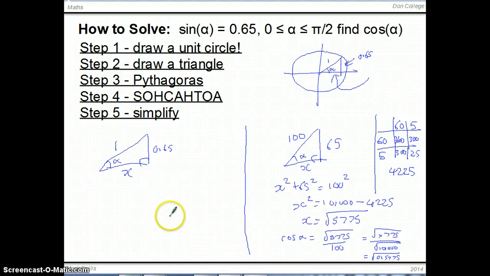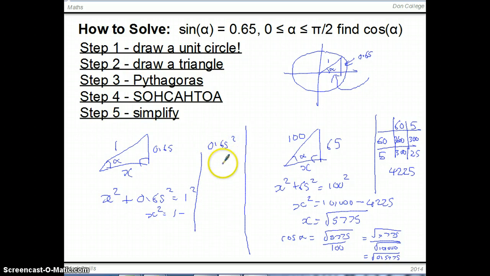Over here, where we've got our alternative, well, we're going to use x squared plus 0.65 squared equals 1 squared, so x squared is 1 minus 0.65 squared. So just like we had to do here, over here, we're going to have to work out what 0.65 squared is.